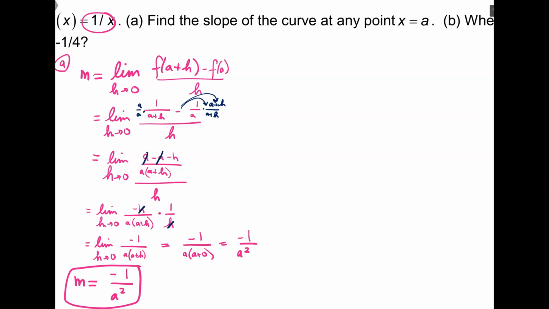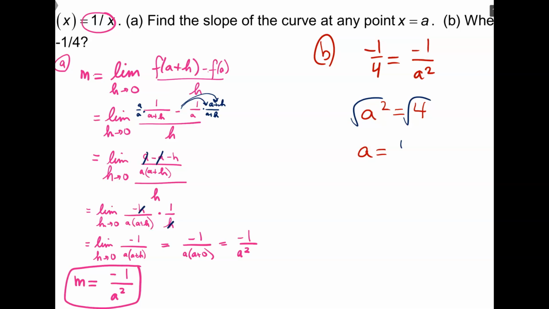Well, let's see. For part B, where is the slope equal to negative 1/4? So I have negative 1/4 is equal to negative 1 over a squared. So literally I'm looking, where is a squared equal to 4? If I square root both sides, plus or minus 2.